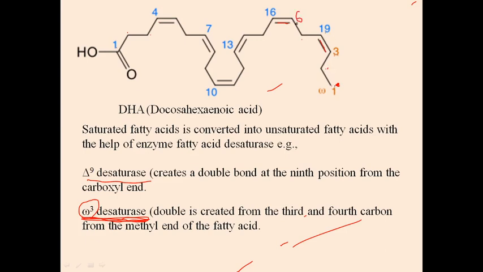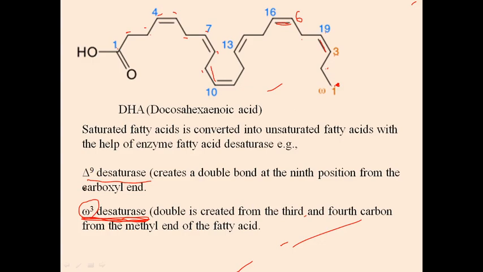If the enzyme creates a double bond from position number 9, 1, 2, 3, 4, 5, 6, 7, 8, 9, the enzyme will be called delta 9 desaturase. It is for convenience, because it would be very difficult to count 10, 11, 12, 13, 14, 15. So for convenience, it is given the name omega 3 or delta.